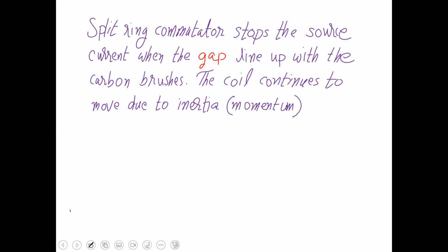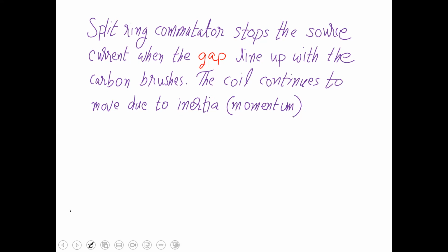When you are cycling and you stop pedaling, the bicycle continues due to inertia. Why does it not stop immediately? Due to inertia, due to momentum. Very good.